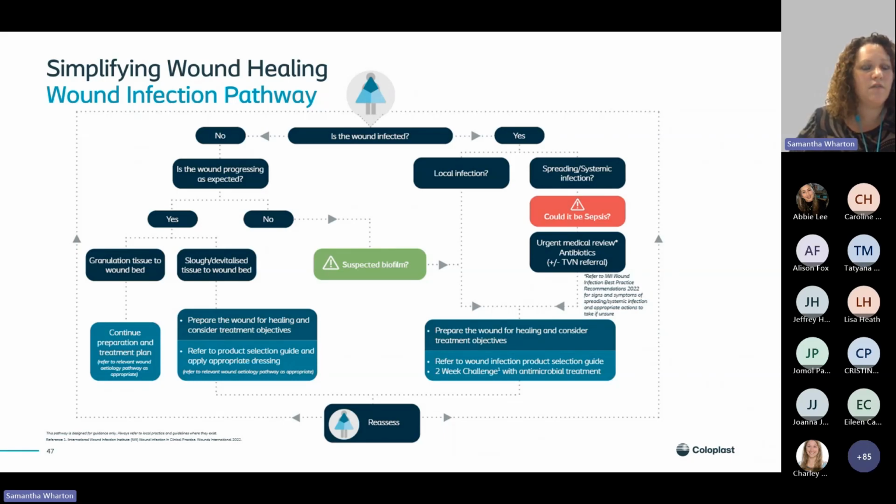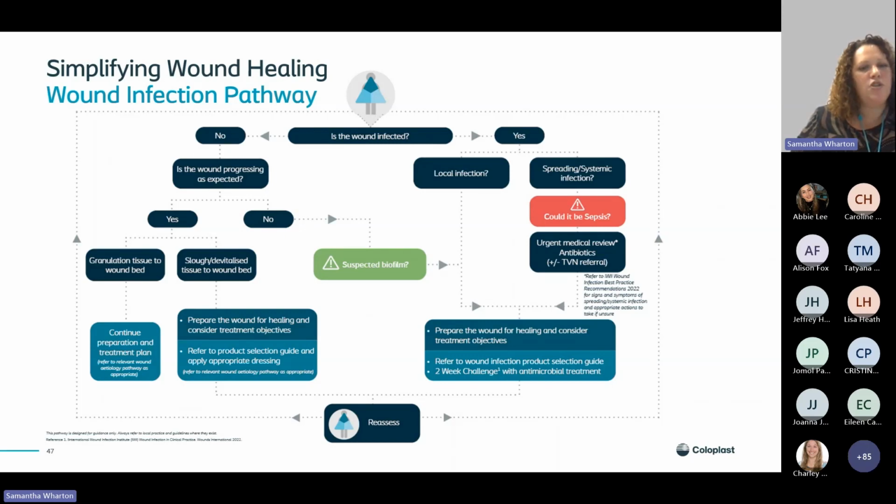If there's no signs of infection, we move across to the left-hand side. Is the wound progressing as expected? If it is, great. Is there granulation tissue to the wound bed? Then continue with preparation and your treatment plan. If there's slough and devitalized tissue to that wound bed, make sure that we're preparing that wound for healing.